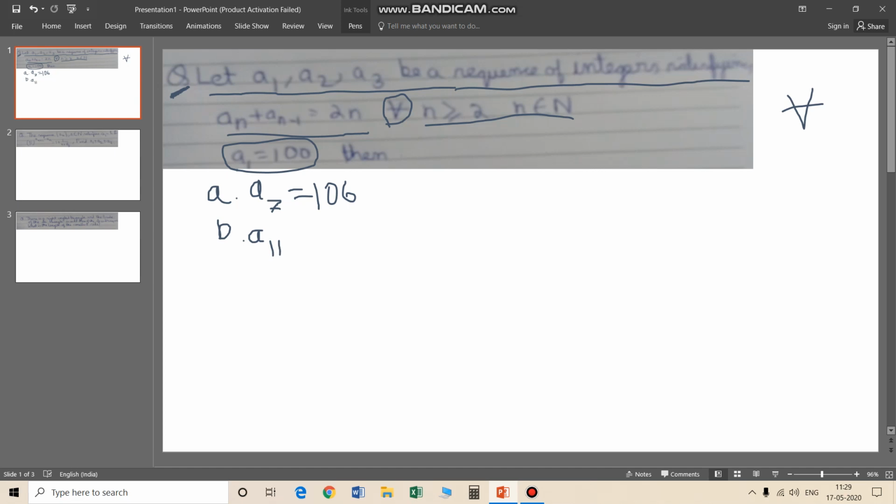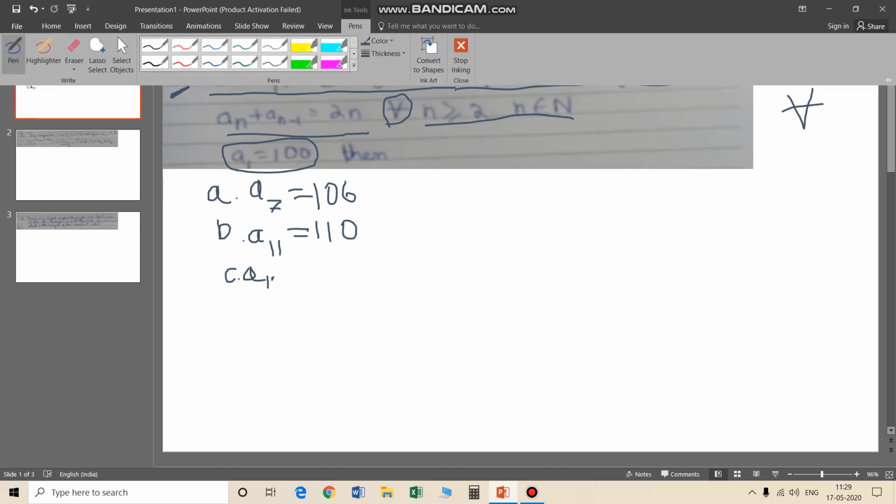The main approach during a multiple correct question is option checking. In a single correct question we have processes and only one correct answer, but in a multiple correct question there is more than one correct option, so we have to check the options. Sorry, here it is not 1, it is 8.